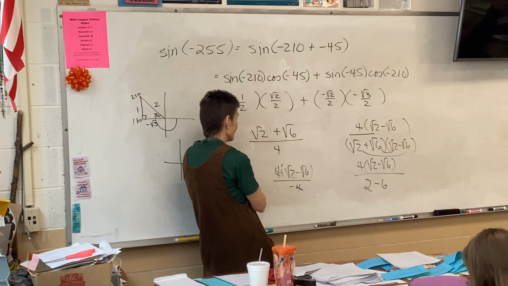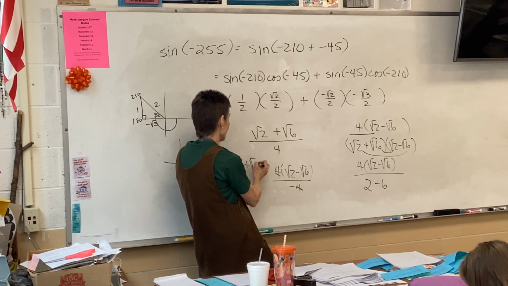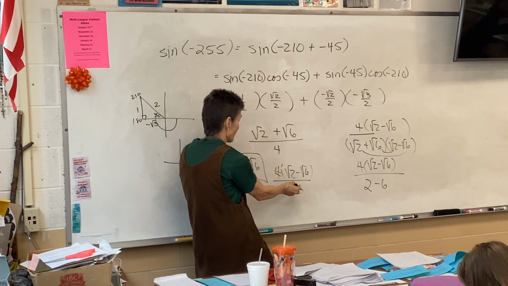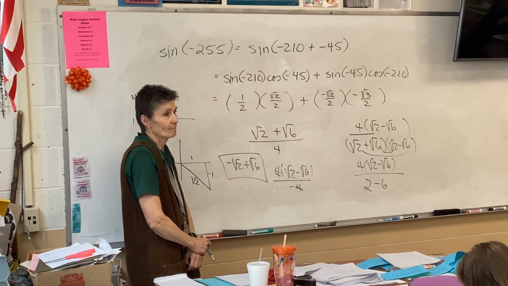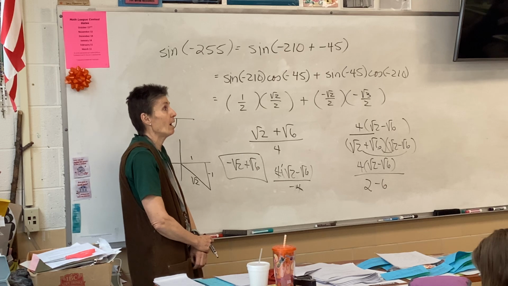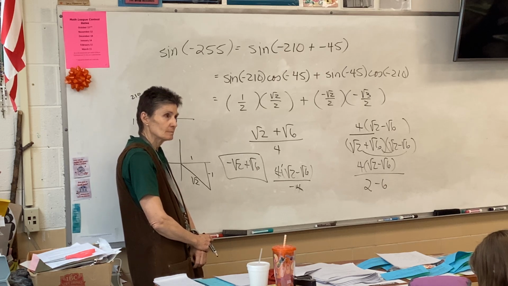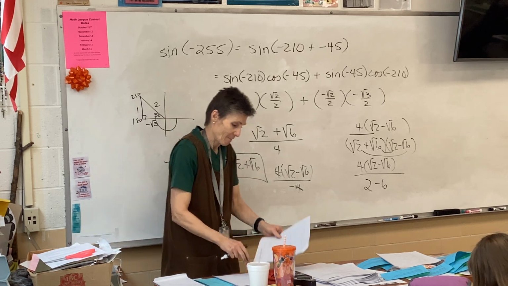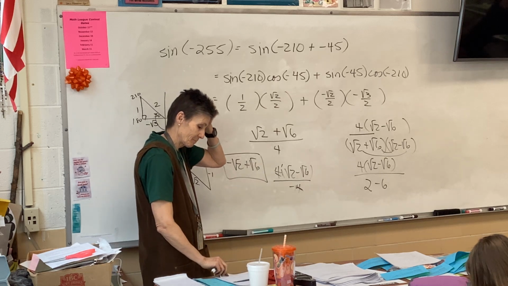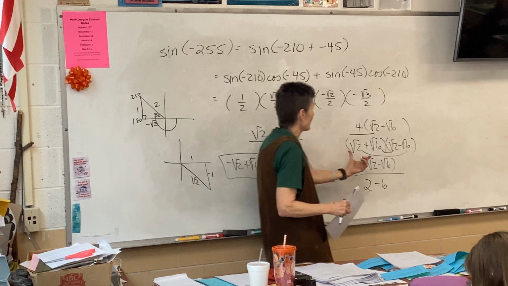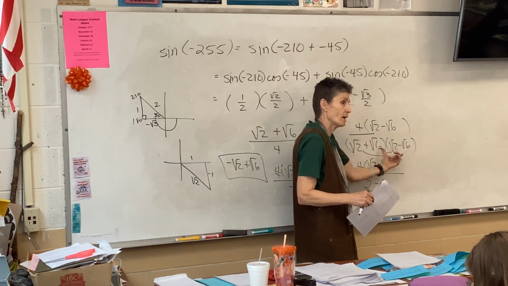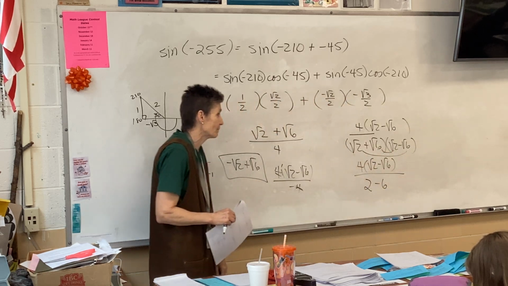So I'm going to have negative root 2 and positive root 6 because I'm over a negative 1 down here. You get a root 12 and a negative root 12 when you figure it out.